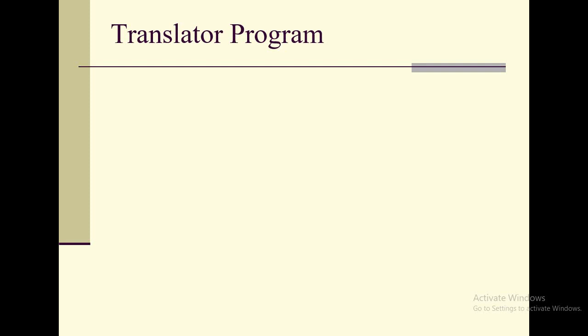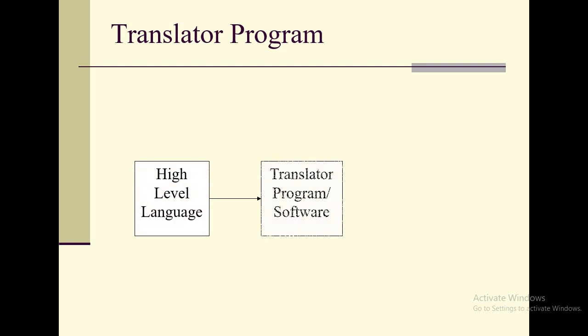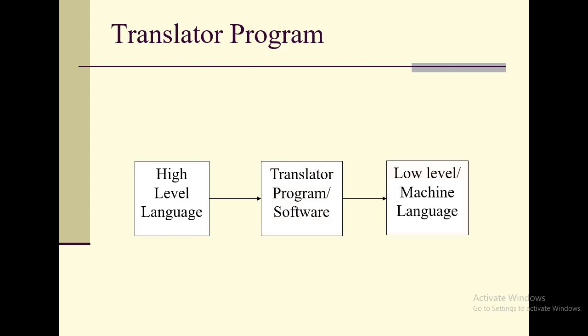You already know about high level and low level programming language, and you already know that humans like to write programs in high level language and the computer can understand only low level language, that is 0 and 1. So in high level language humans will write the program and the translator program will convert it into low level or machine language.